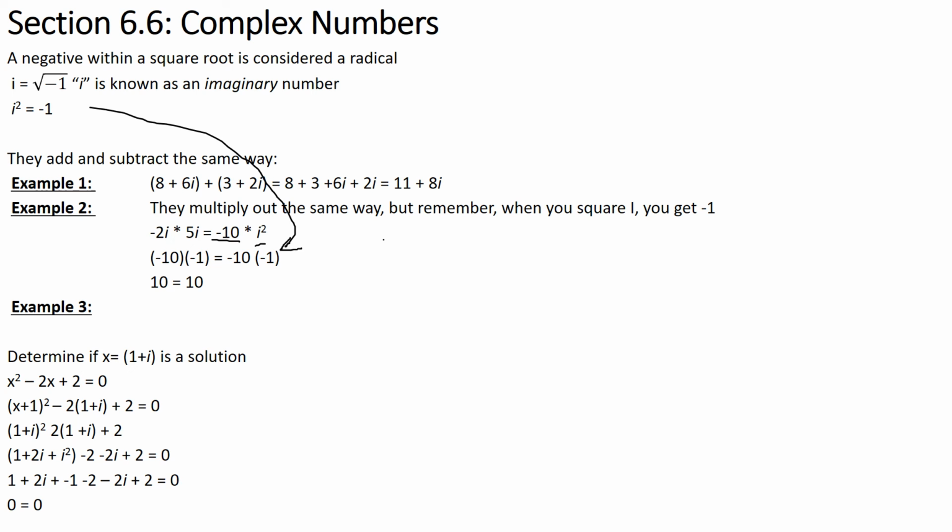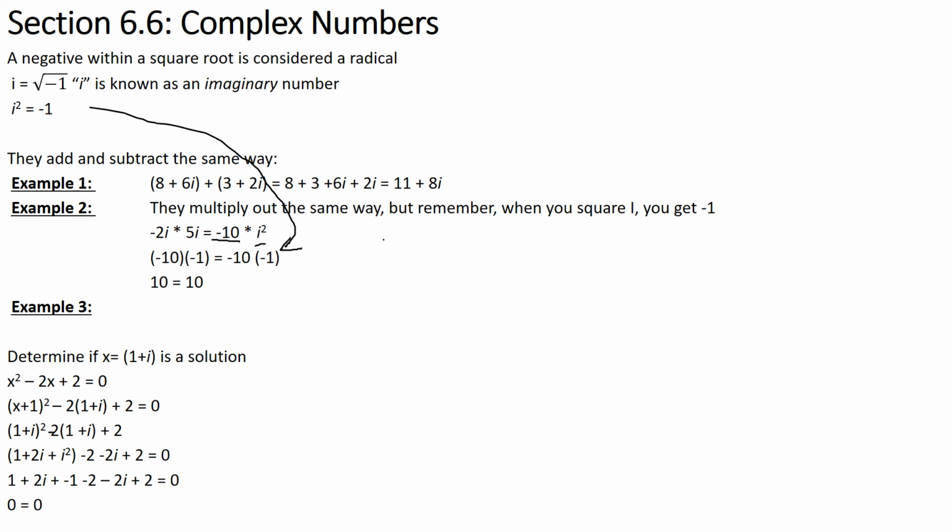If x equals 1 plus I, every time I see an x, I'm going to put 1 plus I here. X squared minus 2x plus 2. So I put 1 plus I squared minus 2 times 1 plus I plus 2. And 1 plus I squared is 1 plus 2i plus I squared, minus 2 times 2i plus 2.